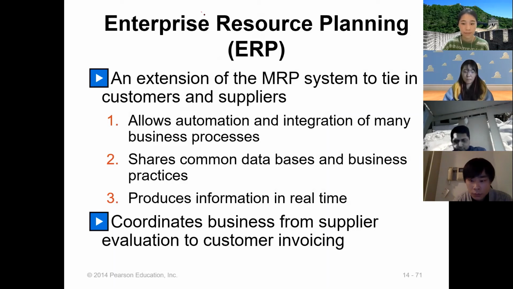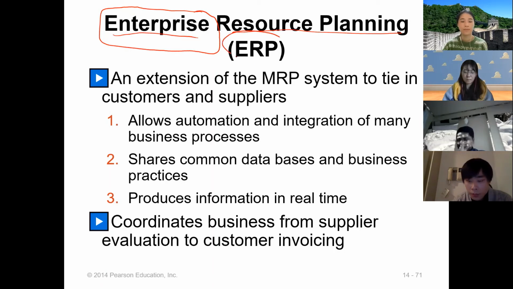What's the meaning of enterprise? The whole business. Correct. The whole business, enterprise, the whole company. So enterprise resource planning or ERP. So from MRP, MRP2 developed, and then it developed into ERP.